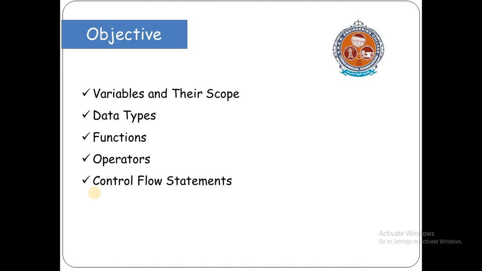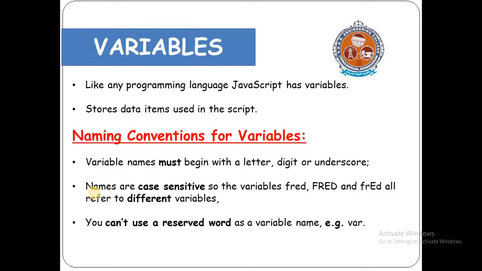I will go through every topic and just see how we can apply variables, data types and functions in JavaScript code, keeping in mind that you already know how to write C code. So first of all, let's see what a variable is.